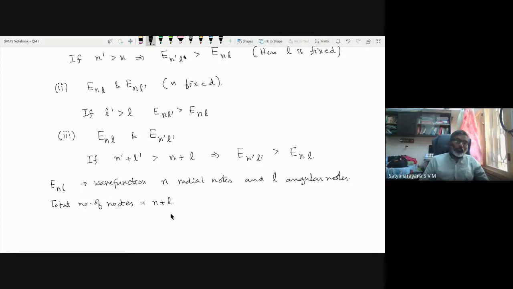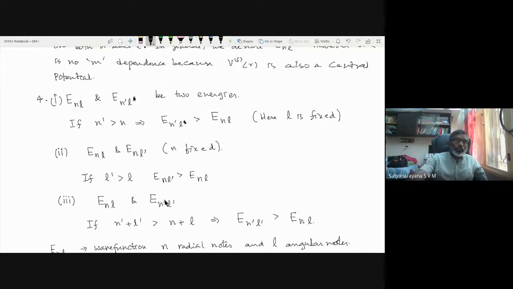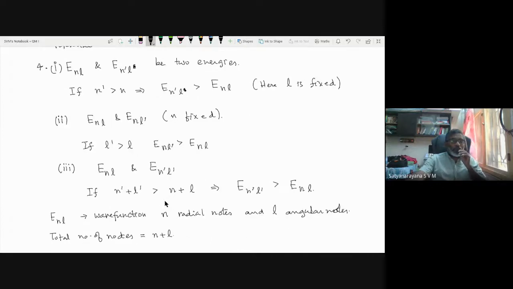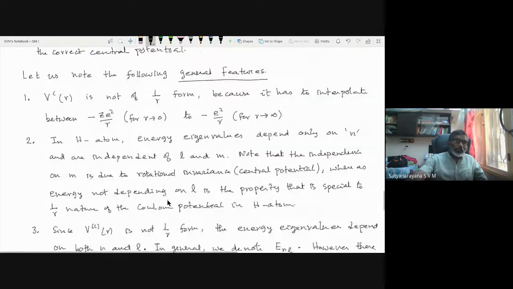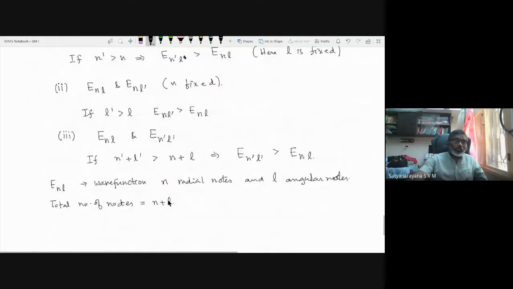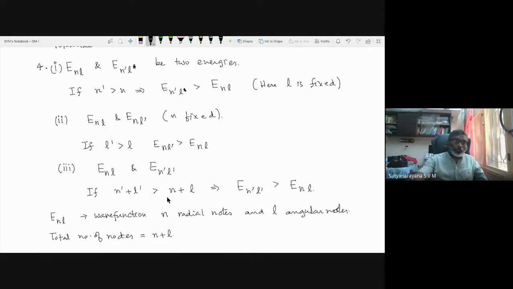That means if n plus L is large, then the energy is also large. Okay, so we have these rules.